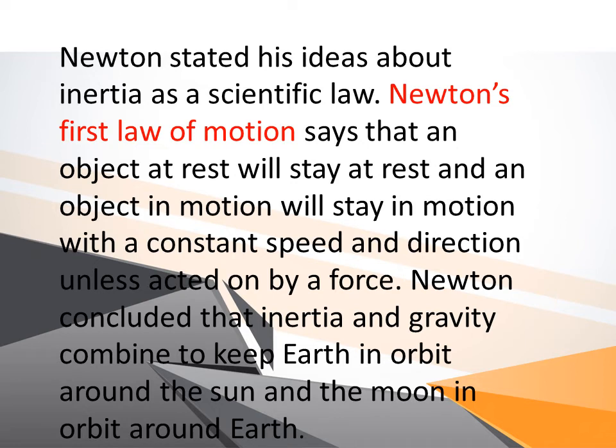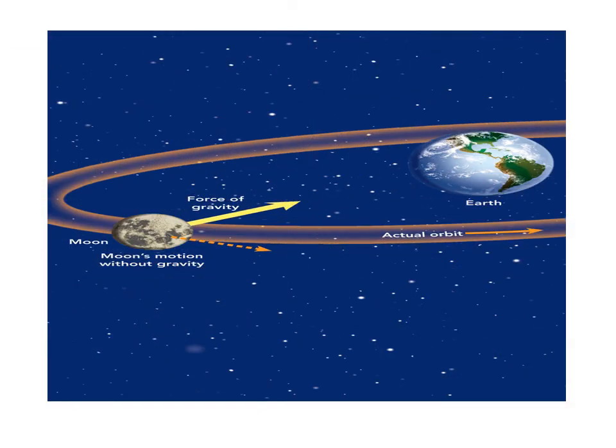Newton concluded that inertia and gravity combine to keep Earth in orbit around the sun and the moon in orbit around the Earth. So what keeps Earth and Moon in their own orbit? Gravity and inertia, of course, because the moving moon doesn't want to change its position, it wants to continue its own path. This inertia and force of gravity help the planets keep their own orbit.